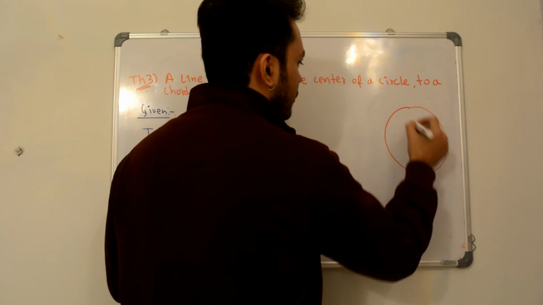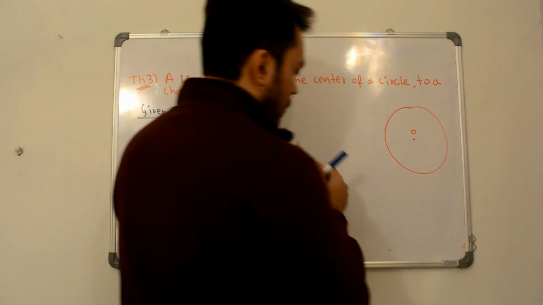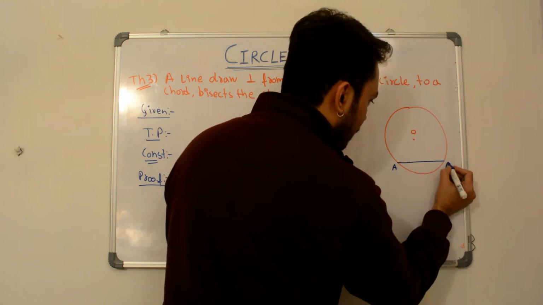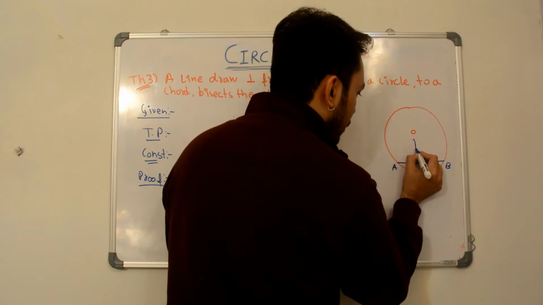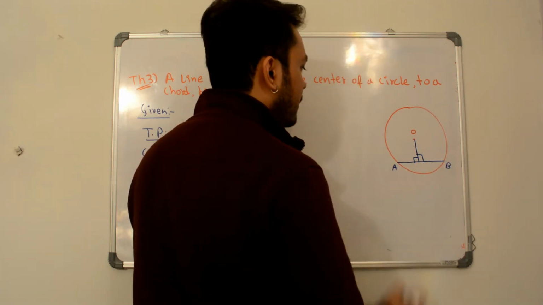Let me again draw a circle with center O. So I take a chord over here, A, B, I draw a line perpendicular to it, right?